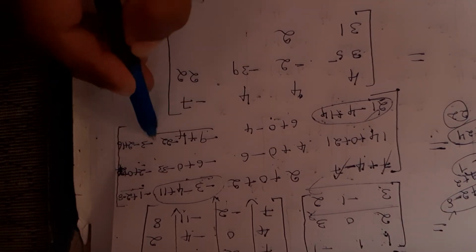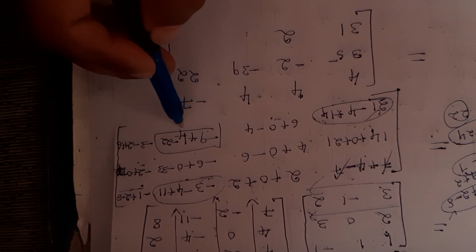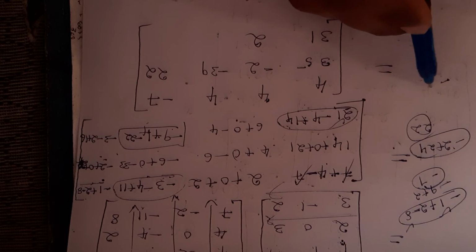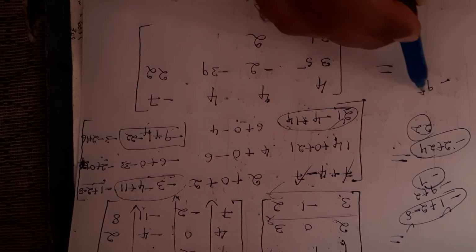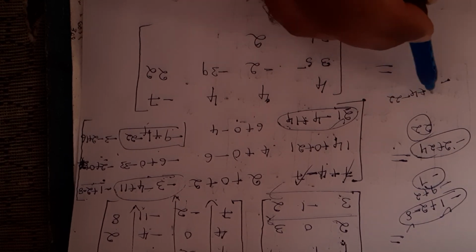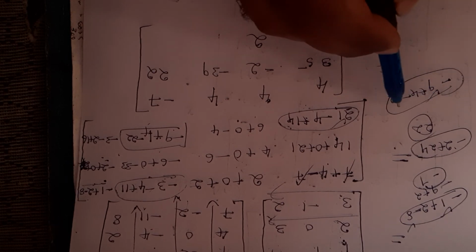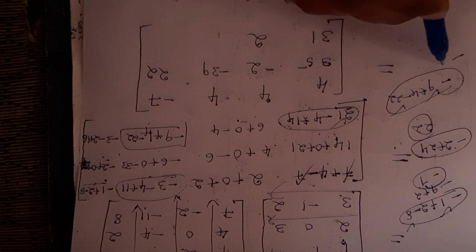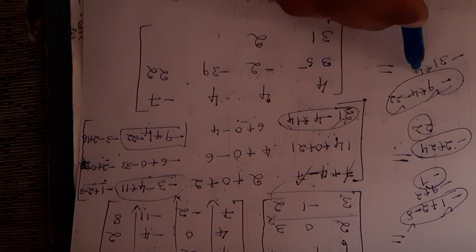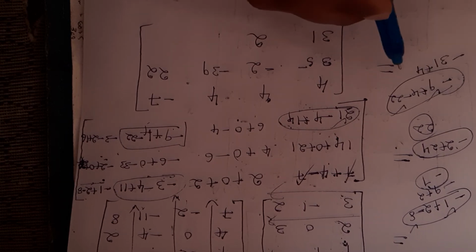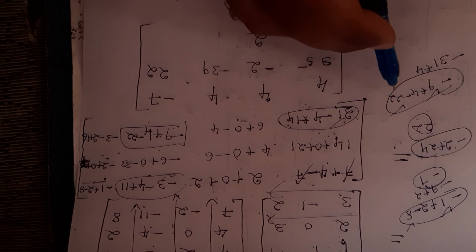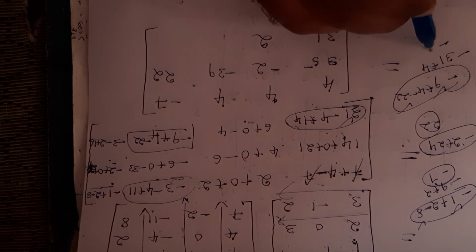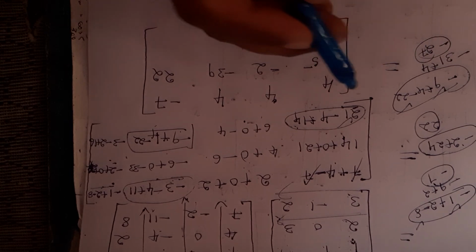And here see, minus 9. Okay, I can write this. See here, minus 9 plus 4 minus 22. So what is the simplification here? See, minus 9 minus 22, that is minus 31 plus 4. So it will be minus 27.